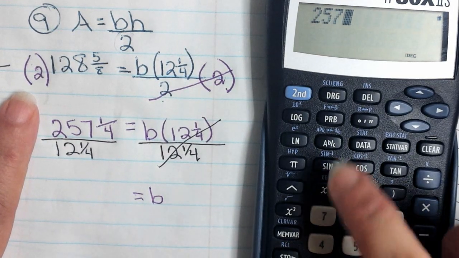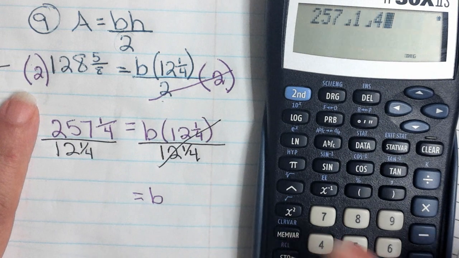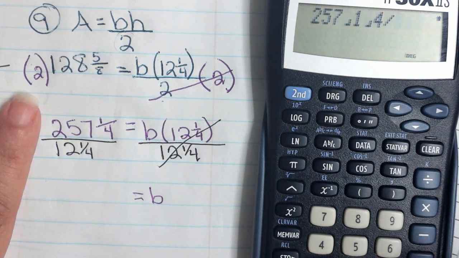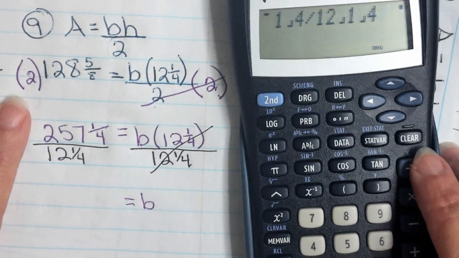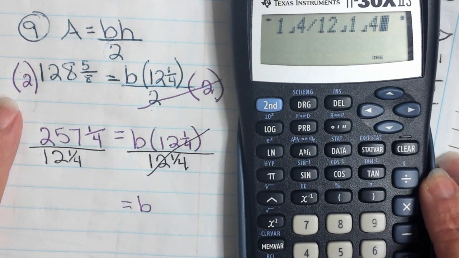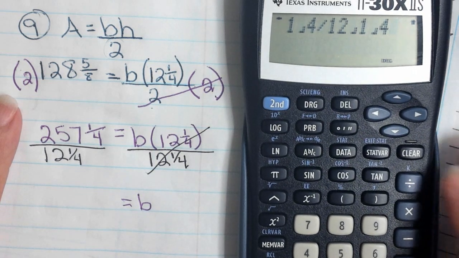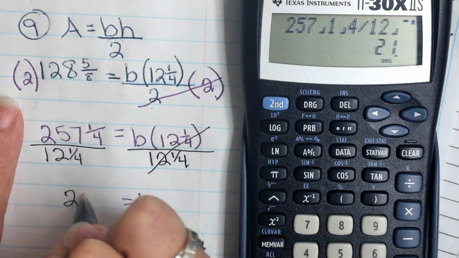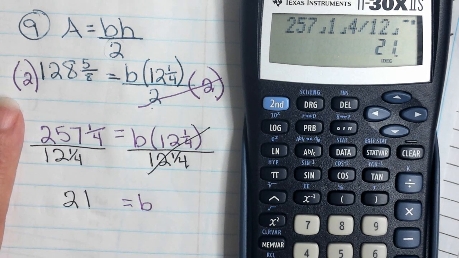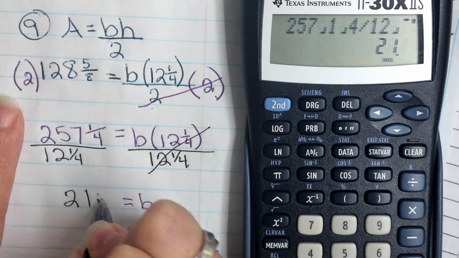So here we go. 257 and 1/4 divided by 12 and 1/4. 21. Does that even look right? Nope, but guess what? It's right. How? Because it goes in evenly. It doesn't look like it would, but it goes in evenly. Is it because of the fractions? Because the fractions are the same, yes.